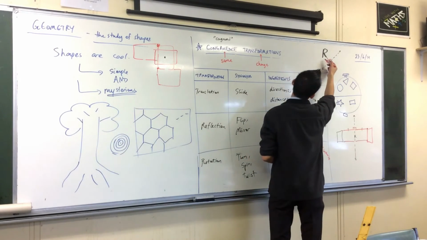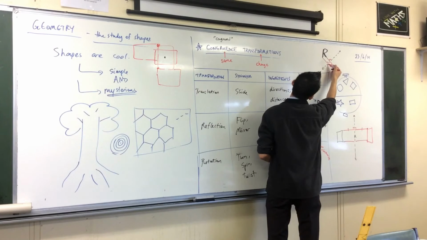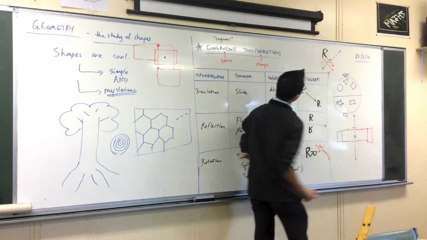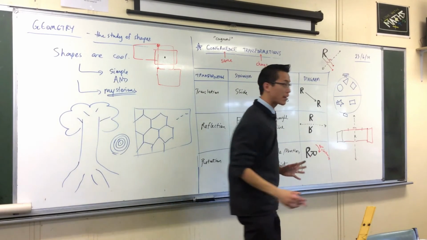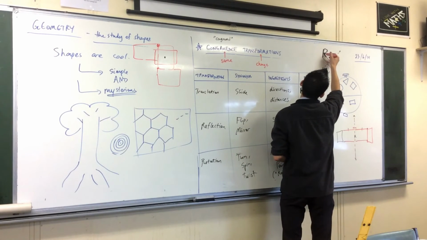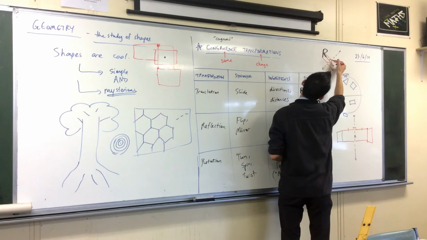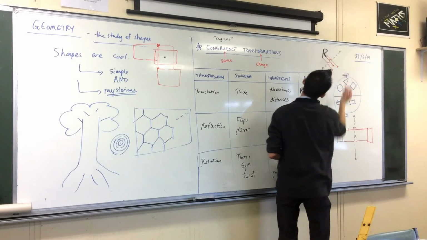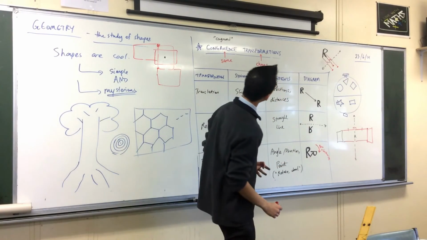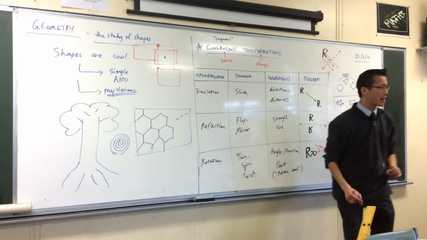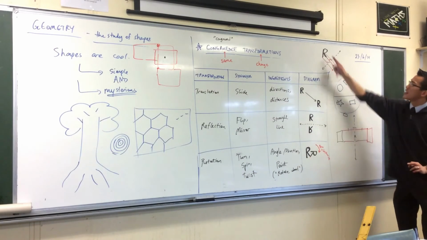I'll do it again for this point here. Does that look so far so good? Is that okay? What about this point? Something like that? Is that looking okay? What's another point I should pick? This one? This one?